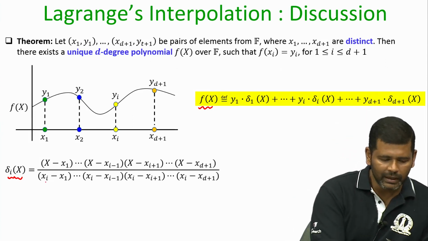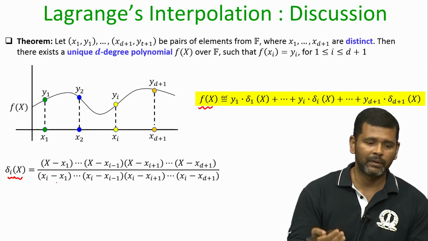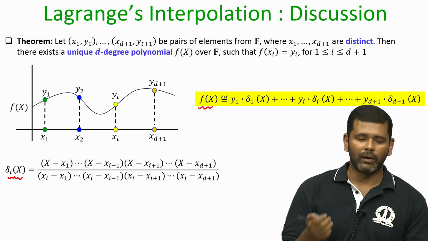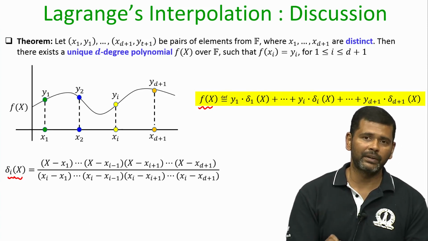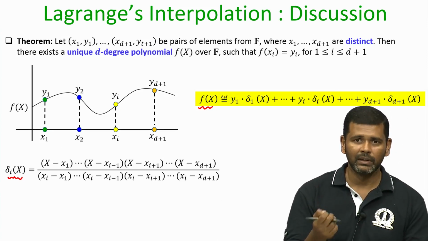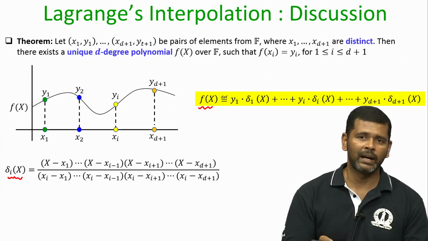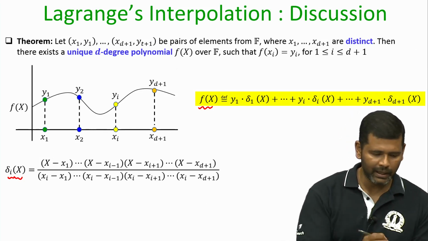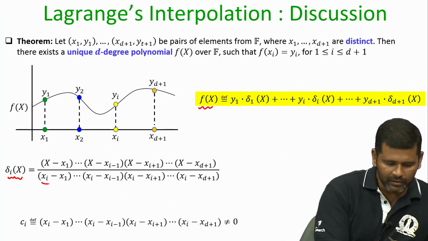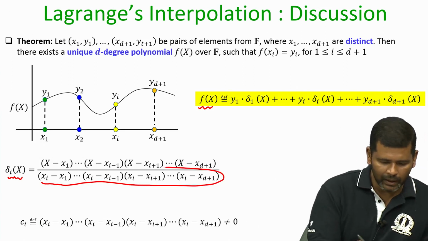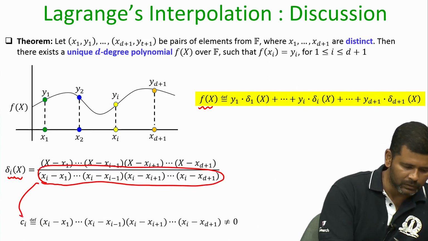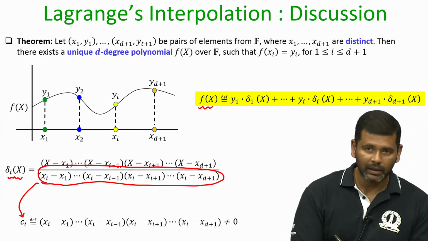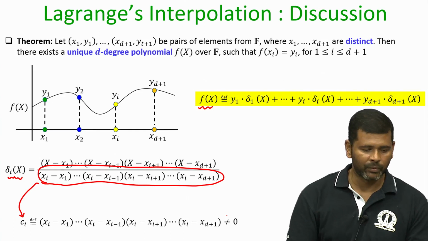So, now if you are wondering whether I am dividing the numerator by the denominator, that is not the case. Remember, all the operations are field operations, and in a field we do not have what we call division. Division should be interpreted as if I am multiplying the numerator with the multiplicative inverse of the denominator, right. So, let me call this entire denominator C sub I, and it will be a non-zero element from the field. Why?